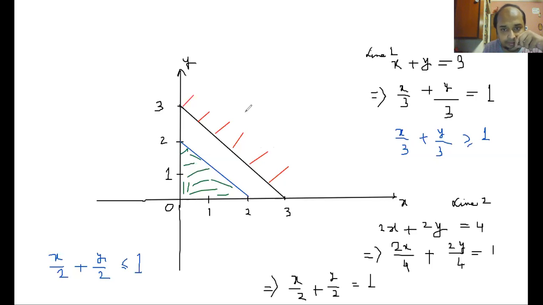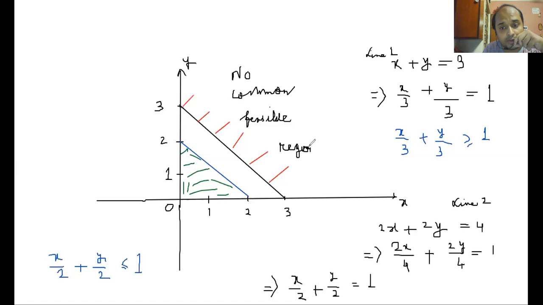And therefore, this particular problem has no common feasible region. Pardon my handwriting because I'm using my finger.